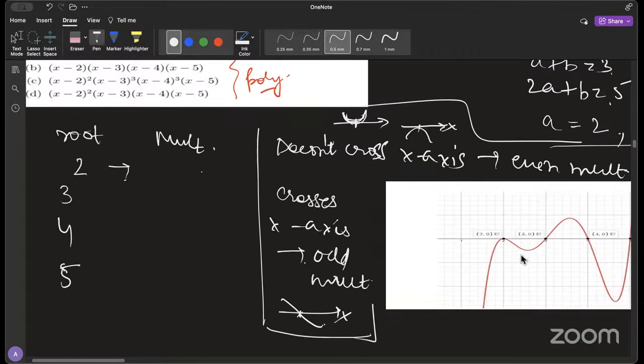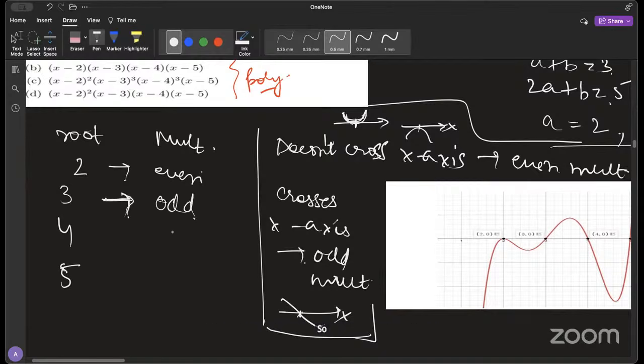So at 2, because it doesn't cross, it should have even multiplicity. At 3, because it crosses the x-axis, it should be odd multiplicity.